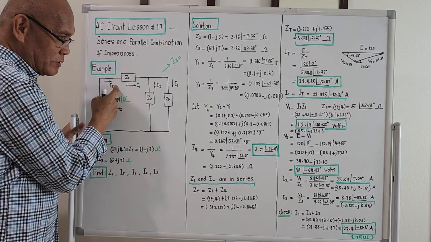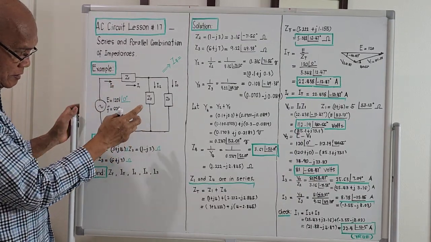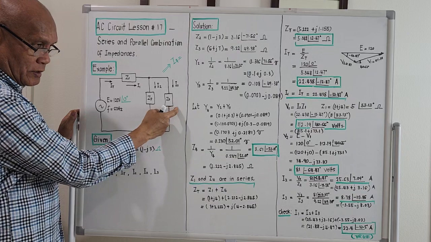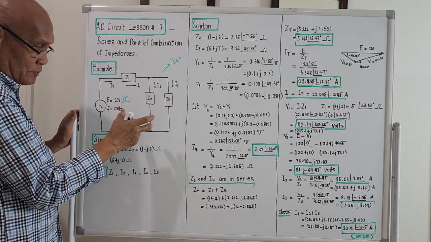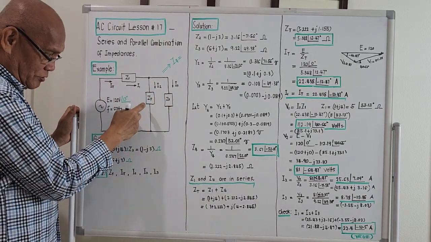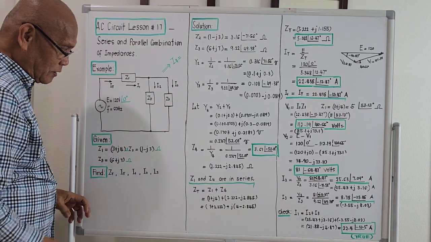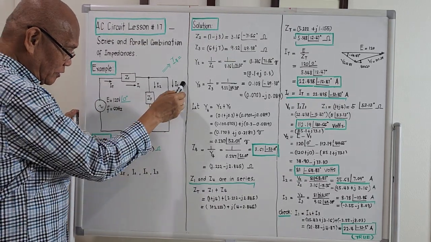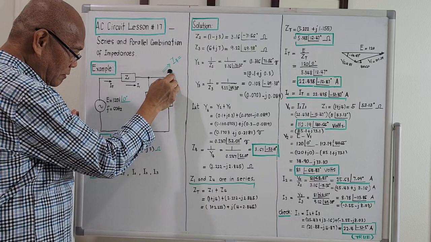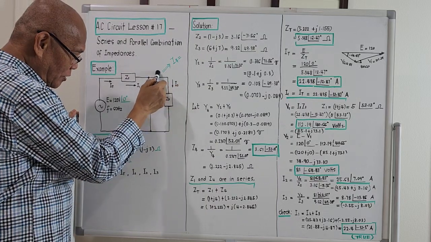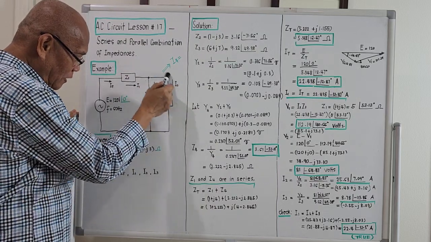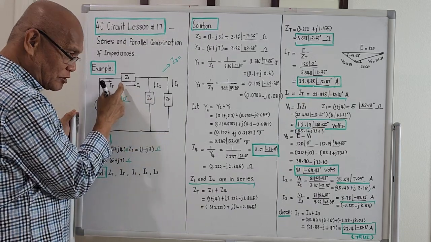Z1 is in series with Z2 and Z3, in which, for the given example, Z2 and Z3 are connected in parallel. So this portion of the circuit is parallel, and the parallel equivalent of this is connected in series with Z1.